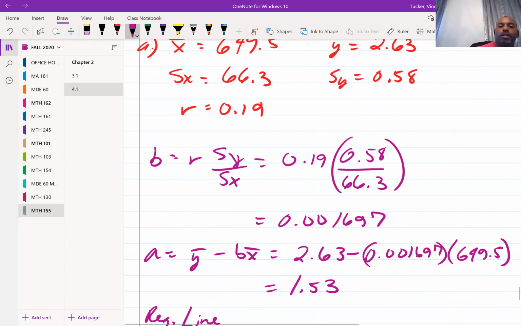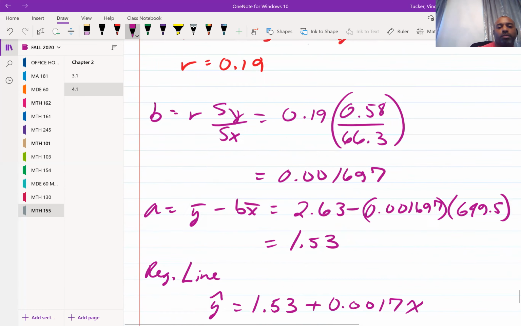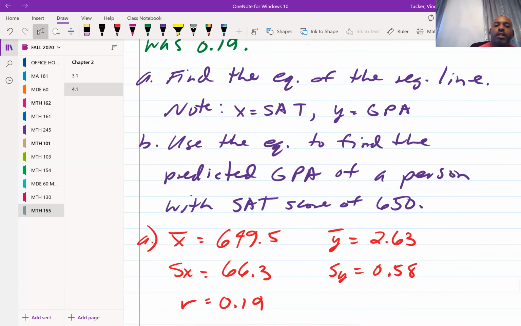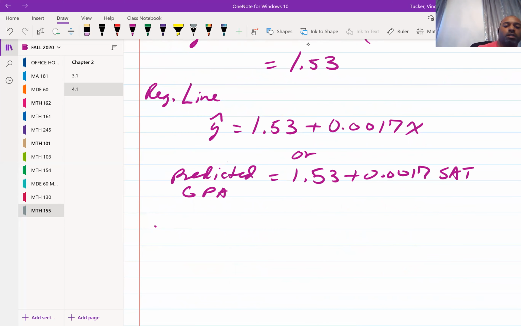All right. So B, it says use the equation to find a predicted GPA of a person with an SAT score of 650. So that means X is going to be 650, and we want to know what that predicted GPA would be.